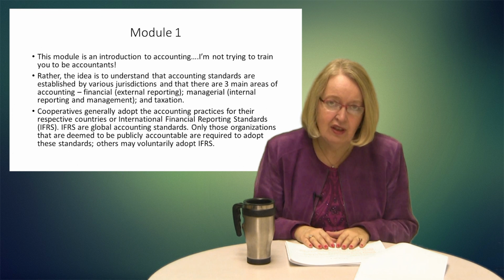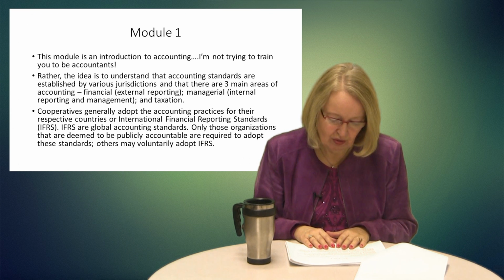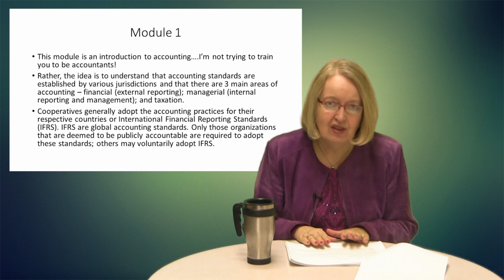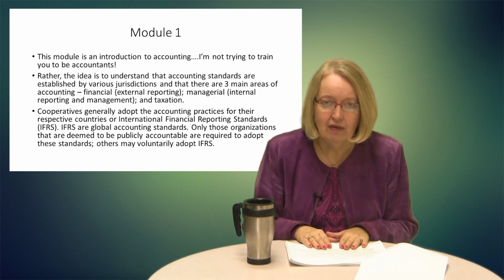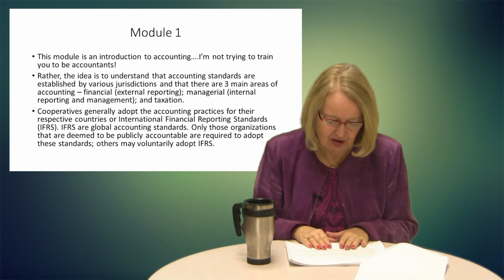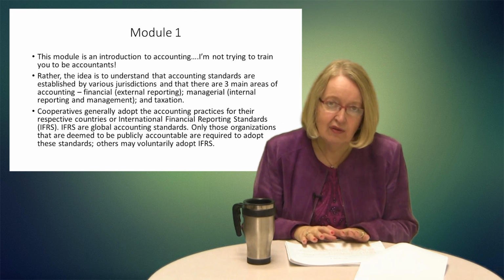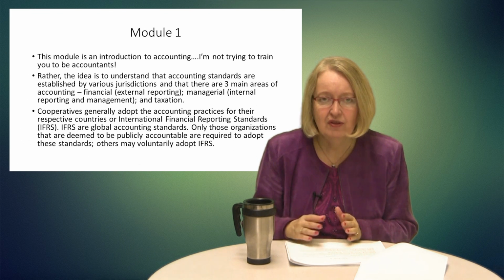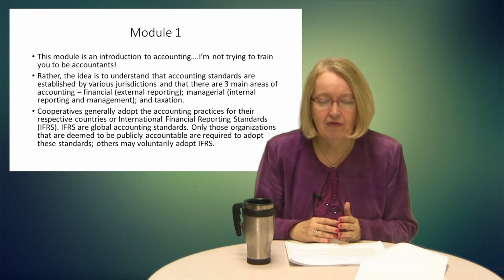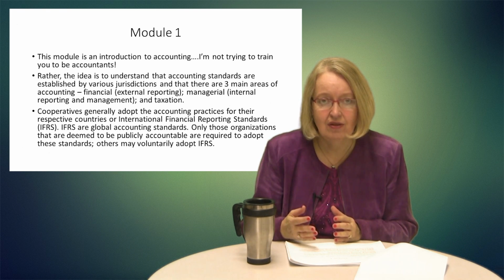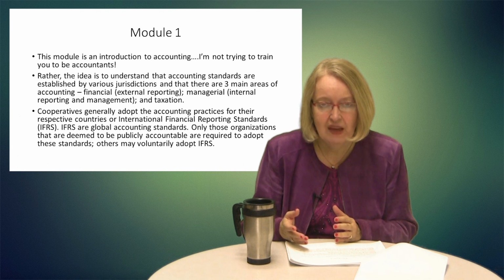The other important thing with this module is to understand that there are various accounting standards. Each jurisdiction around the world, each country, has its own accounting standards. And in addition to that, in accounting itself, there are three main strands of accounting, if you will. There's financial accounting, which focuses on producing your financial statements for the external audience, for your members and stakeholders.